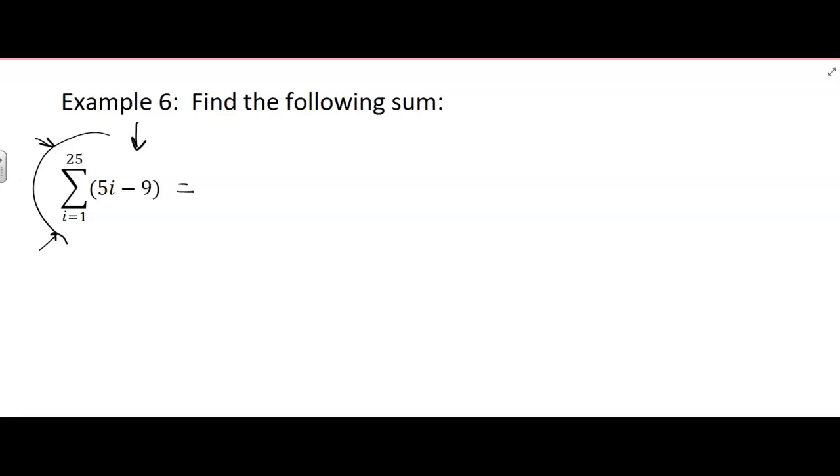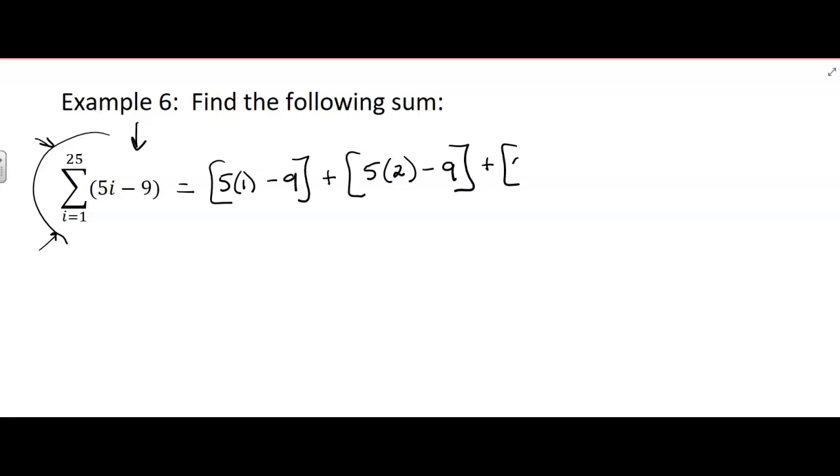So I know I can find the first term by putting in 1. So 5 times 1 minus 9. That'd be the first term. And then the second term would be 5 times 2 minus 9. And then the third term would be 5 times 3 minus 9.